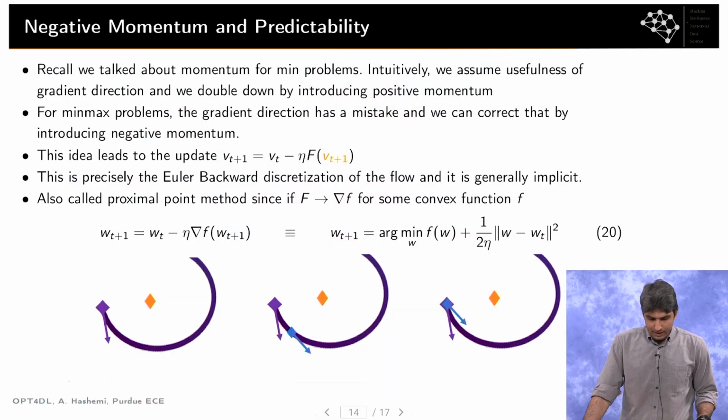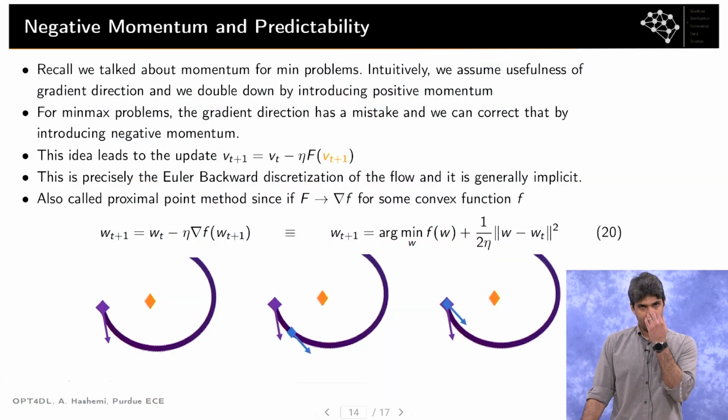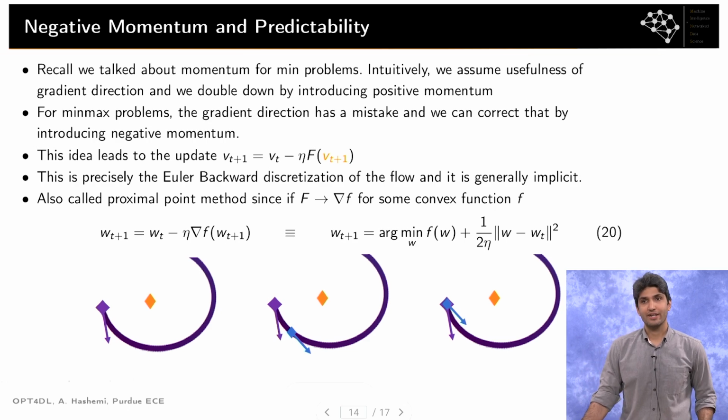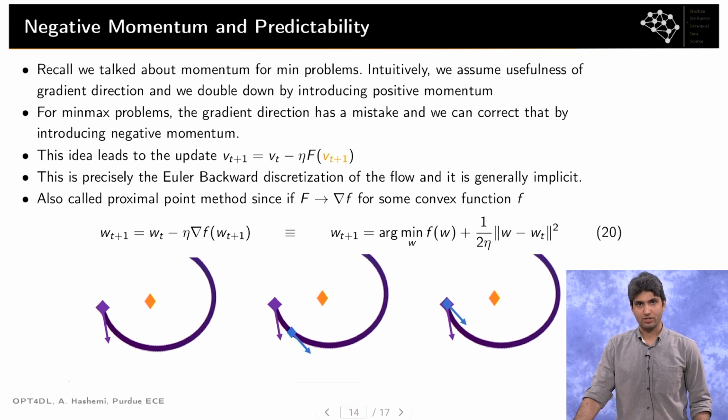Okay, and now we want to talk about how we can fix that. And the main idea is what we call negative momentum, optimism, and predictability. Recall, we talked about momentum previously. We said that the negative gradient direction is a good direction for minimization. Well, we can sort of double down on that by introducing positive momentum.